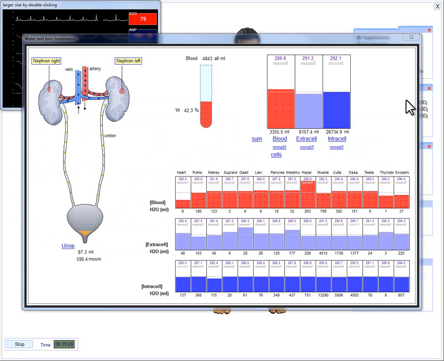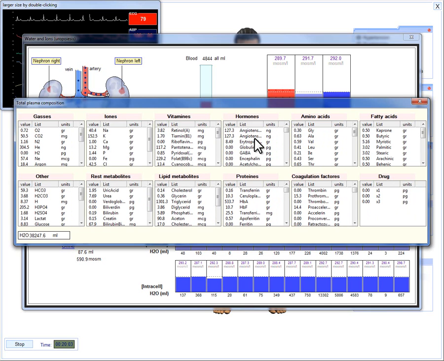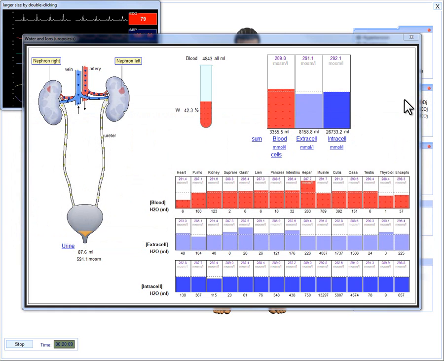To sum up the total biochemical composition of all substances in the organism, blood plus extracellular environment plus intracellular environment, left-click the sum line highlighted in blue. Finally, to see the biochemical composition of the blood cells, left-click the blue cells line.